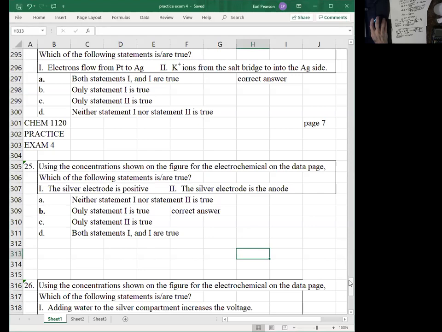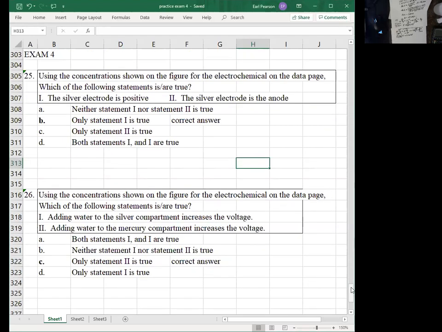Okay, for number 26. Using the concentrations shown in the figure for the electrochemical cell on the data page, which of the following is true? So now I have the electrode written the way it's supposed to be when this is actually happening. Remember, if it's negative, it's not happening like that, but it is happening in the other direction. So I wrote it in a direction that would give me a positive voltage, and that allows me to make all of these judgments.